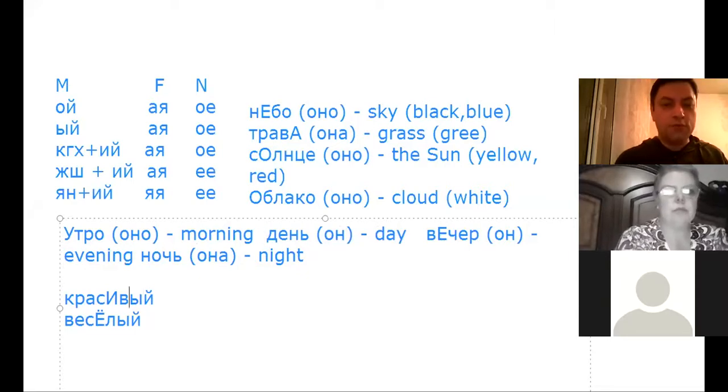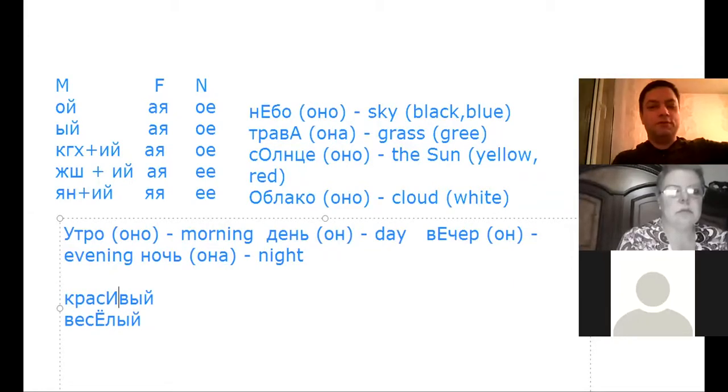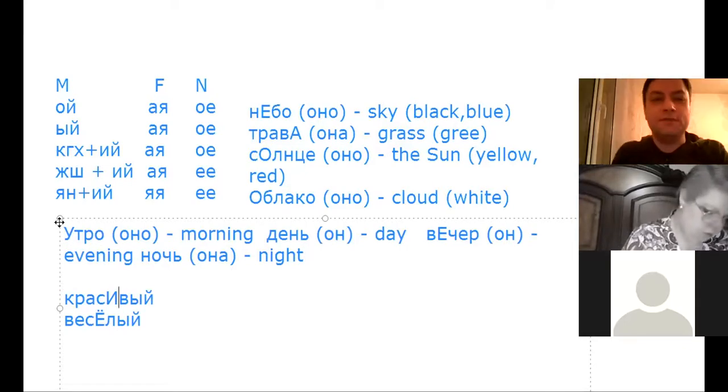And we have 2 adjectives. So please create 8 phrases. Say beautiful morning, beautiful day, beautiful evening, beautiful night. And say also joyful morning, joyful day, joyful evening, and joyful night. And please send it to me in the chat.